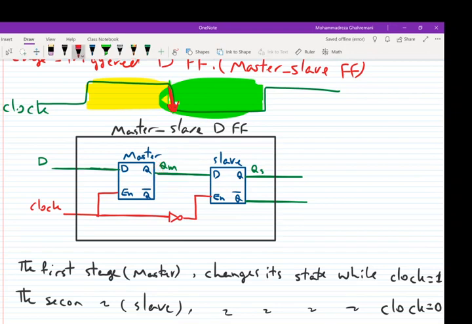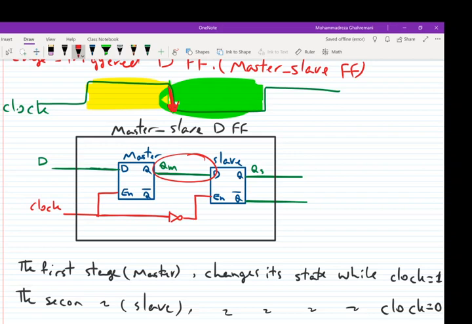Let me explain one more time. When the clock changes to 0, the master stage stops following the changes in the D input. At the same time, the slave turns on and responds to the value of the signal QM, because QM is the input of the slave.